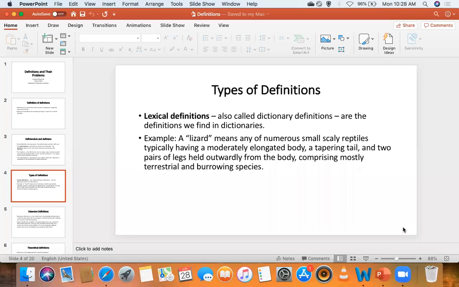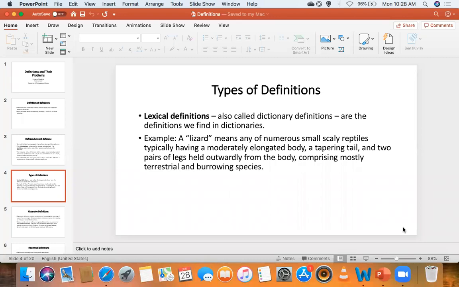Now, based on that distinction, let's begin to look at types of definitions. First of all, we have lexical definitions, which we also call dictionary definitions. For example, when you open your dictionary, you will find something like this. A lizard means any of numerous small scaly reptiles, typically having a moderately elongated body, a tapering tail, and two pairs of legs held outwardly from the body, comprising mostly terrestrial and growing species.